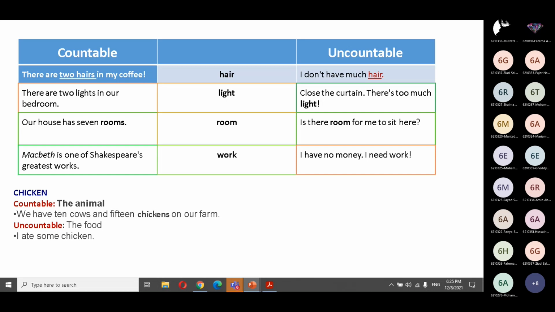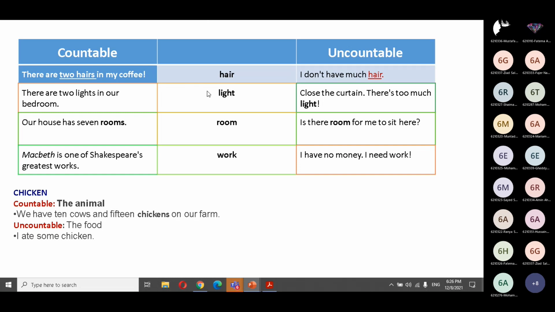You can say there are 2 hairs in my coffee. So here, if it is countable, you mean 1 thread, شعرة واحدة أو 2. You can find them in your food or in your drink. But when you talk about your hair, it's uncountable.